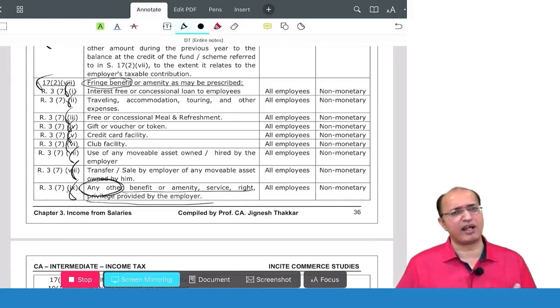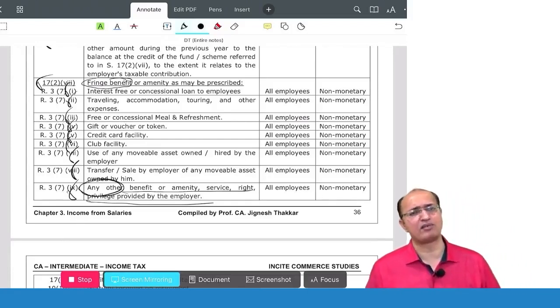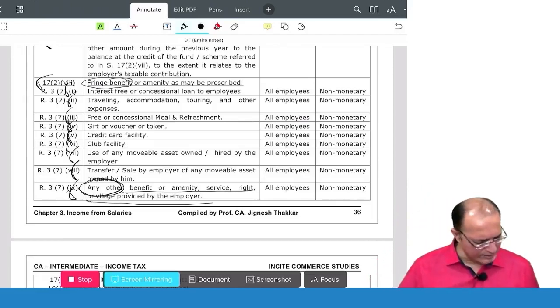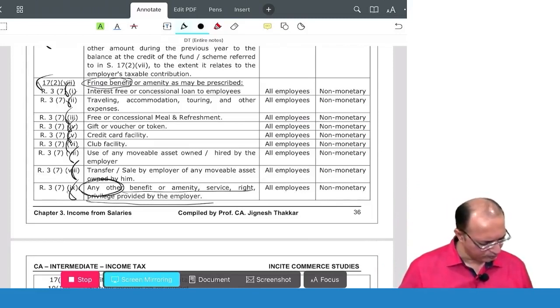And in point number 9, you apply the general rule. What is the general rule? Amount incurred by the employer minus amount recovered from the employee. Yes, is that very, very clear? Yes or no?